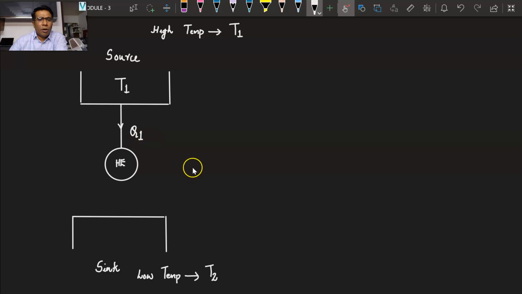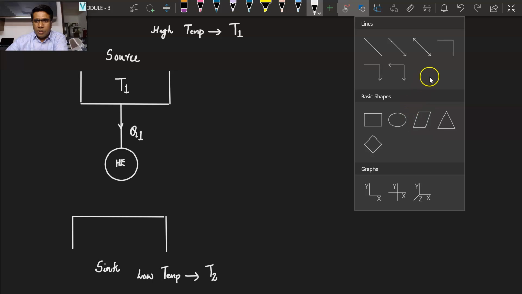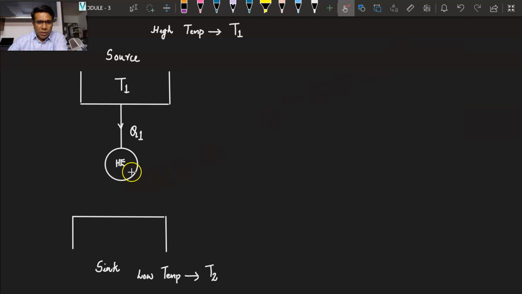Q1 is the amount of heat that is being absorbed, and the engine converts a portion of this heat to positive work, which I'm denoting by W, and the remaining is rejected to the sink, that is the atmosphere, which I'm representing by Q2.